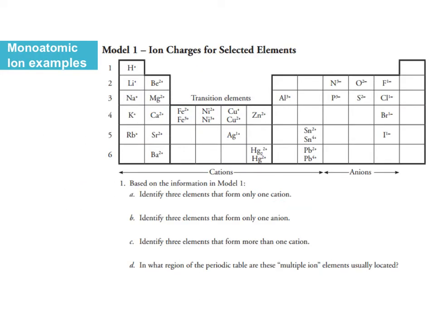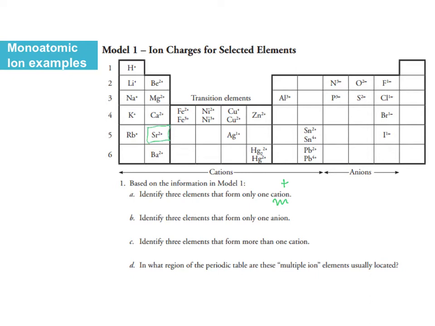But look over this diagram and see if you can answer some of the questions. The first one says, identify 3 elements that form only one cation. So cation, we're looking for something that forms a positive ion and it only forms one of them. I will give you a hint.